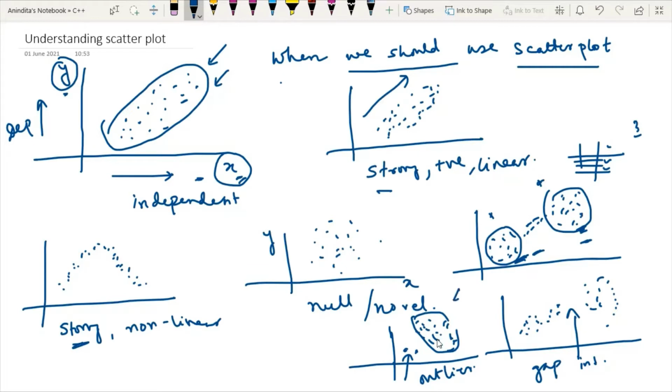It is also helpful in outlier detection, meaning the points which lie far away from the actual observations, and it also helps us with gap analysis. Now whenever we try to plot the Iris dataset, we will find which category our scatter plot comes under. So these are the basic things about when we have to use a scatter plot.